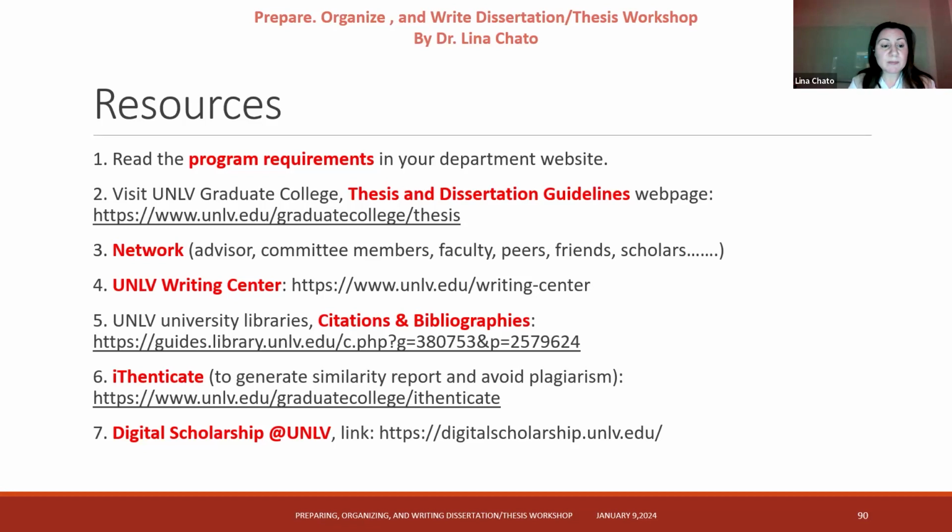UNLV library, Authenticate. This is the important thing that I mentioned, so you can avoid plagiarism. You just upload your paragraph, paper, dissertation, or chapter to Authenticate, and then generate a report and see if you missed something.